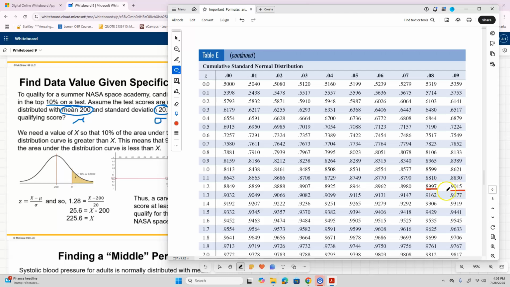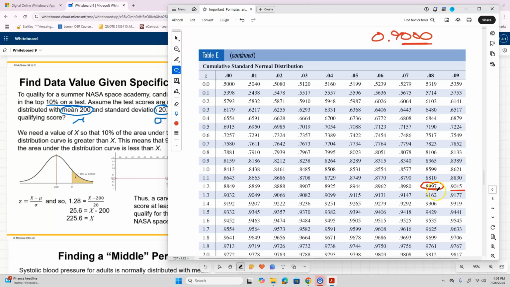Which of those is closer? Well, they're both fairly close, but this is only 0.0003 below, whereas this is 0.0015 above. So this one is closer to the 0.9000 that we're looking for.